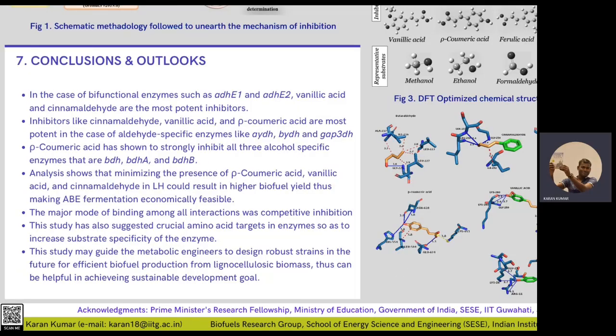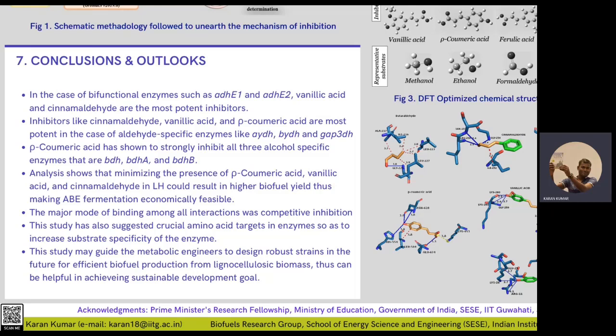In summary, our analysis shows that minimizing the presence of rosmarinic acid, vanillic acid, and cinnamaldehyde in lignocellulosic hydrolysates could result in higher biofuel yield, thus making ABE fermentation economically feasible. The major mode of binding in all interactions was competitive inhibition.